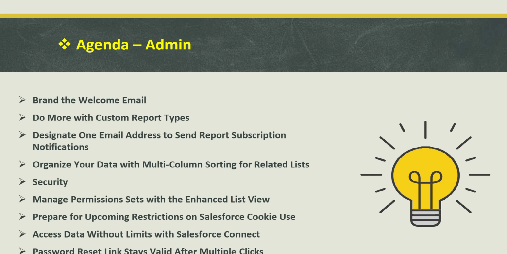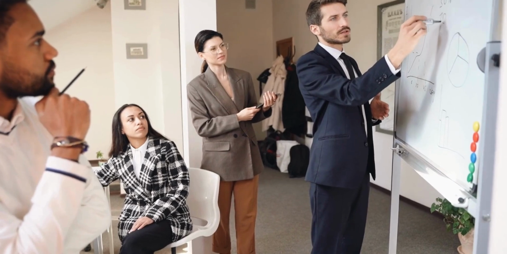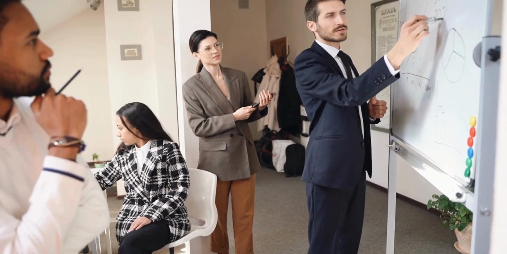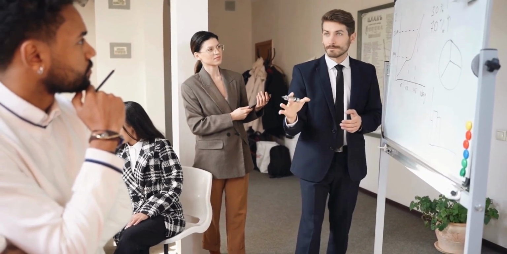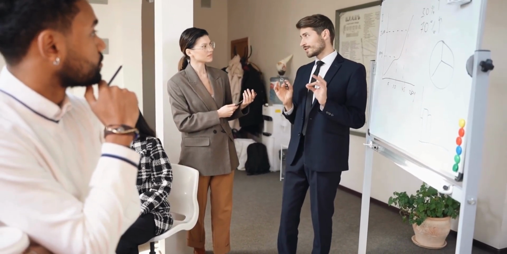Second last is access data without limits with Salesforce Connect, and password reset link stays valid after multiple clicks. So these are the agenda for the admin features of the Spring 25 release. One by one we will discuss.